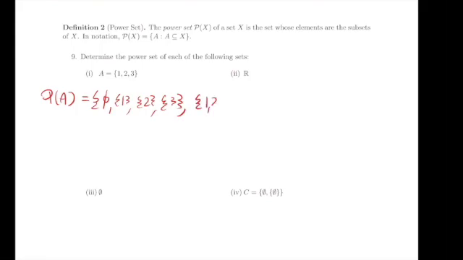Then we can list all of the sets that have two elements. And then the set itself would be a subset of it. So just one thing to note is that we're always going to have the empty set in there, and we're always going to have the entire set in there and everything in between.